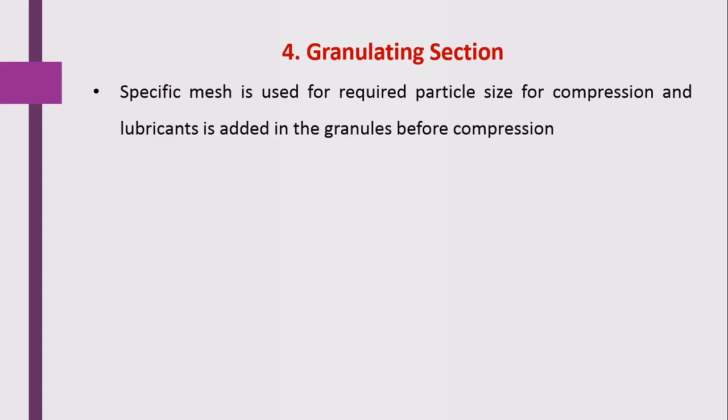After reducing the granule size, lubricants are added to the granules before compression, and this mixture of granules and lubricant, that is additives, is subjected to compression. In this section, different sieves are used to get the desired size of granules.